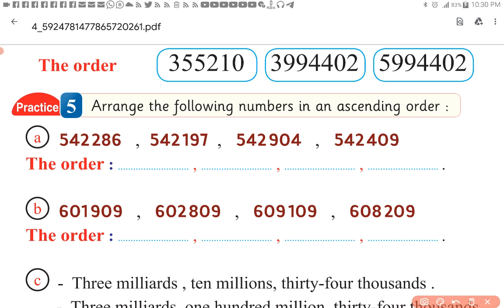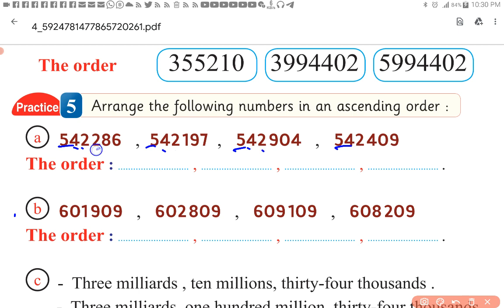It says arrange the following numbers in ascending order. Start from the smallest to the greatest. At first, count the number of digits. Here 6, and here 6, and here 6, and here 6 also. Now start to arrange. Compare from the left: 5, 5, 5. All of them have 5. Then 4, 4, 4, 4. Then 2, 2, 2, 2.